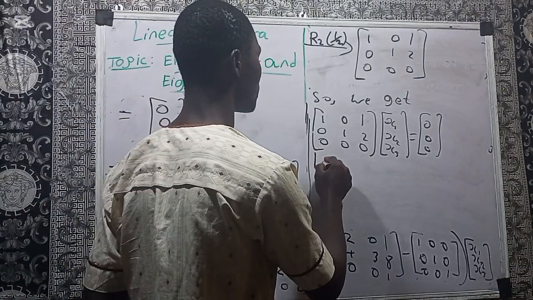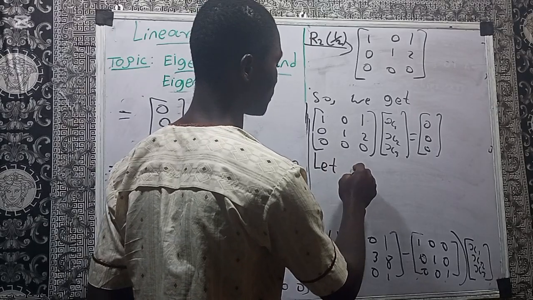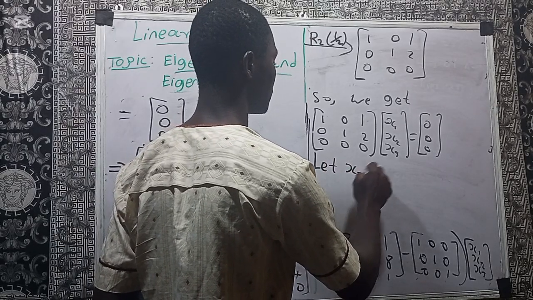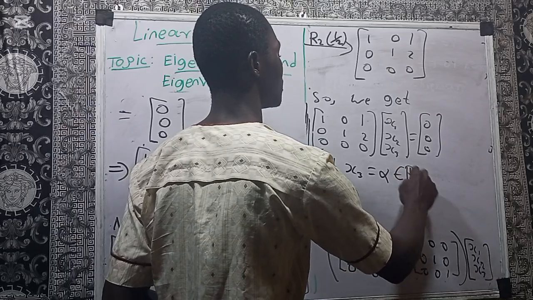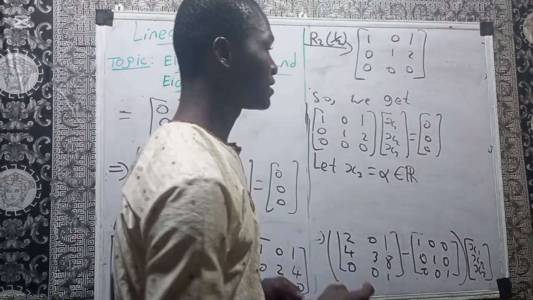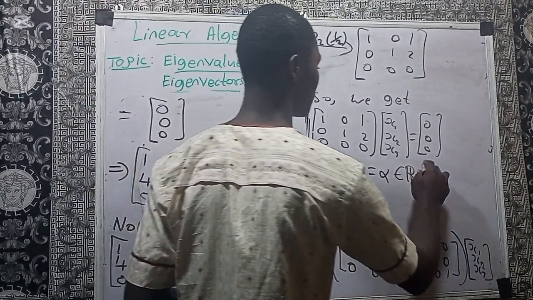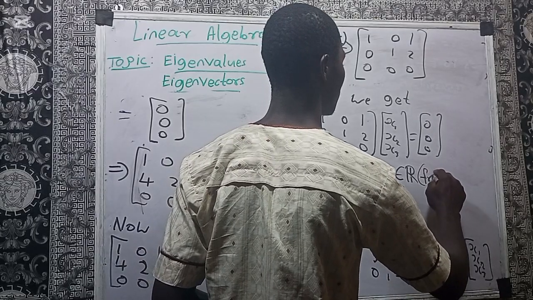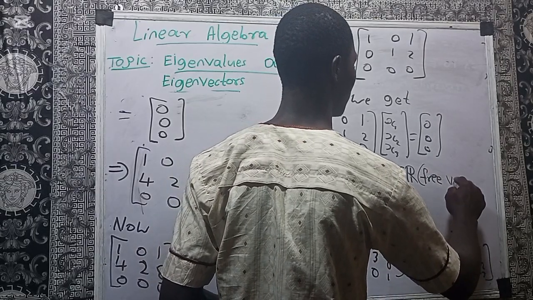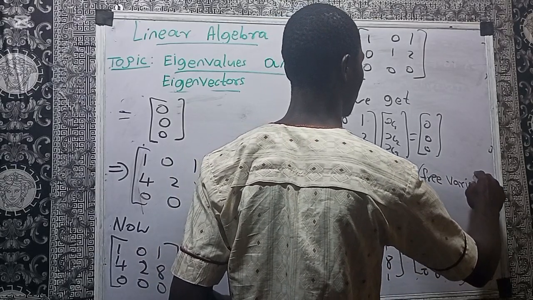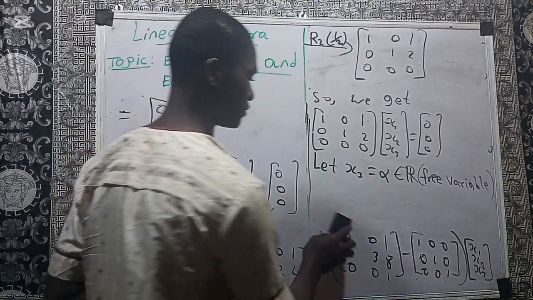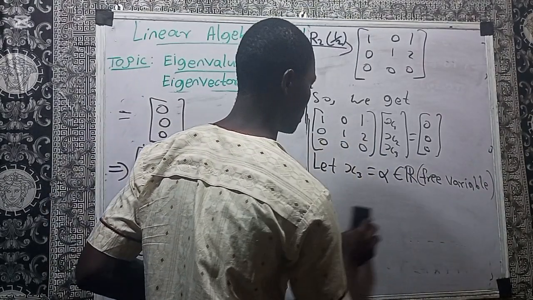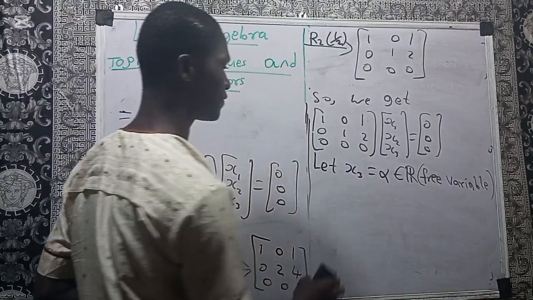So let x3 be equal to alpha. This alpha will be a real number since the entries of your matrix A are real, and we call it free variable. So x3 will be a free variable.